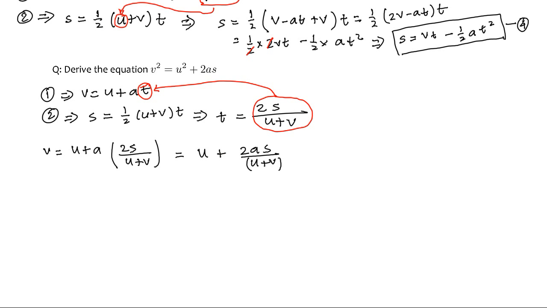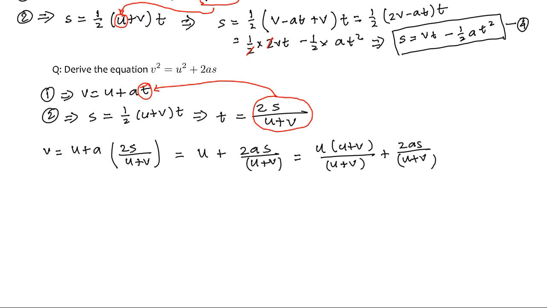So what happens is I get u times u plus v divided by u plus v, plus 2as divided by u plus v. And now because the denominators are the same, I can just add these two things together. So how does that work?